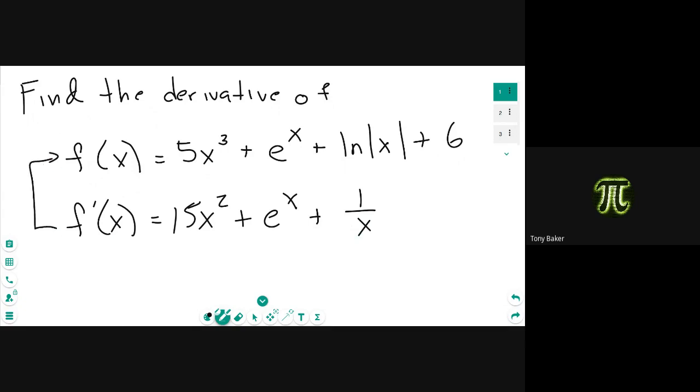How do I go from here to here? How do I undo the derivative?